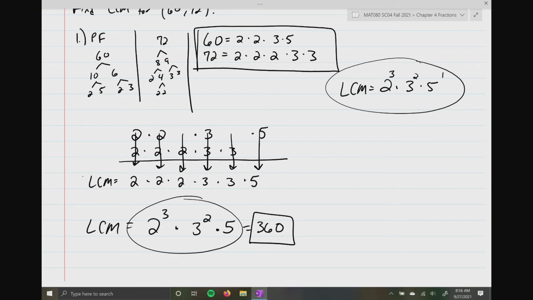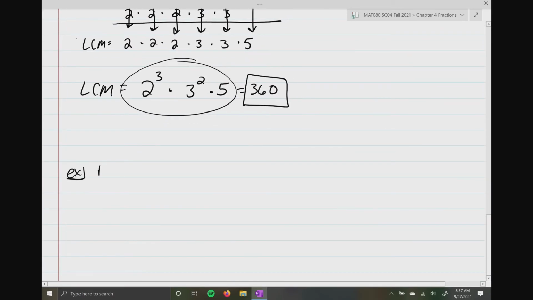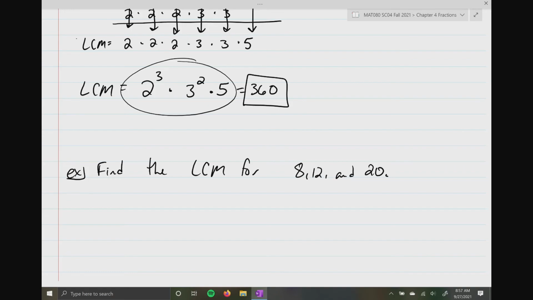All right. Let's do one more of these problems. Okay? Except this time, I'm going to give us a little bit more. Find the lowest common multiple for 8, 12, and 20. I don't care how you do it. Just do it.